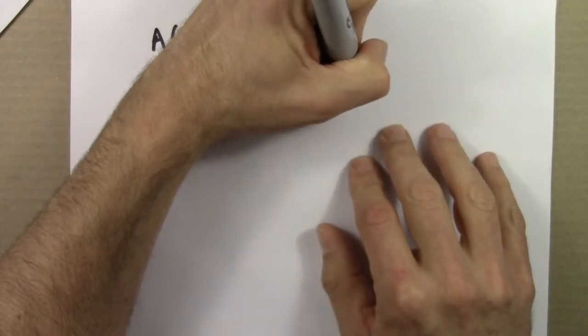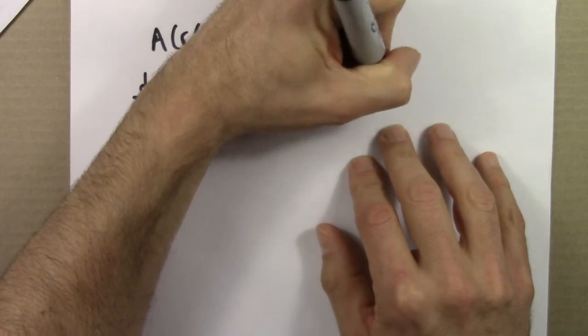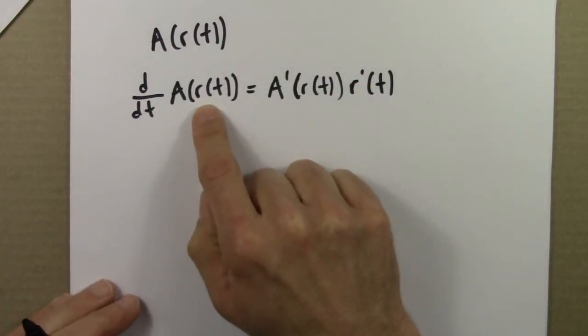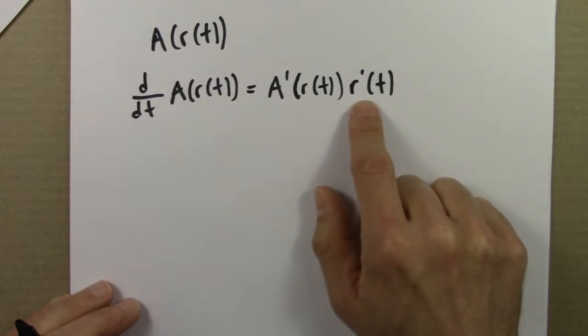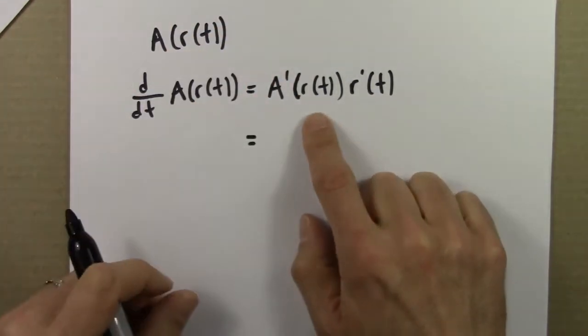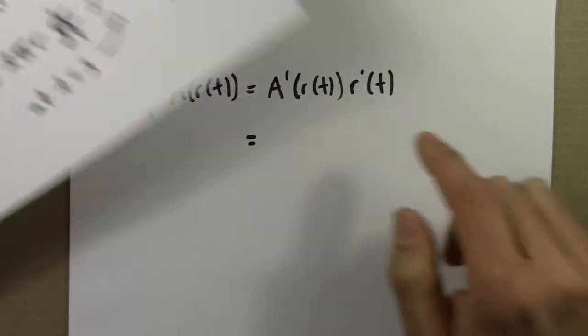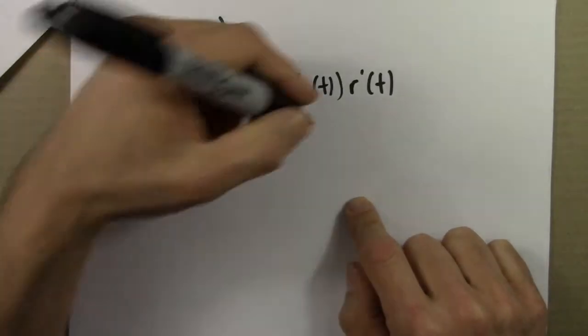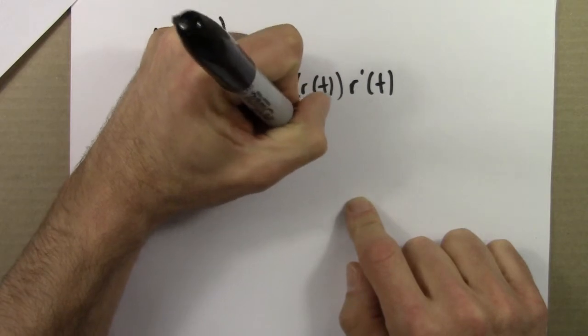Then I need to multiply that by the derivative of the inner function. The inner function here is r of t. I don't have a formula for that, so I just call that r prime of t. All right. So A prime of r, we figured that out before. It's 2 pi r.